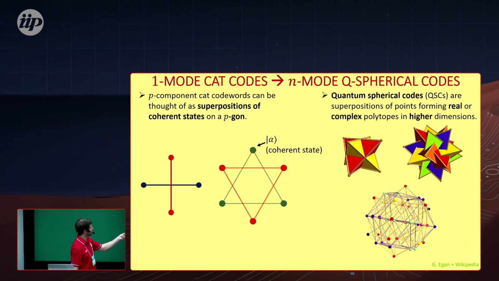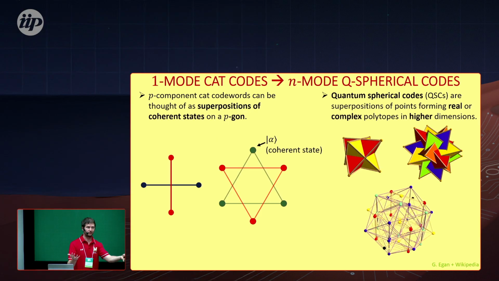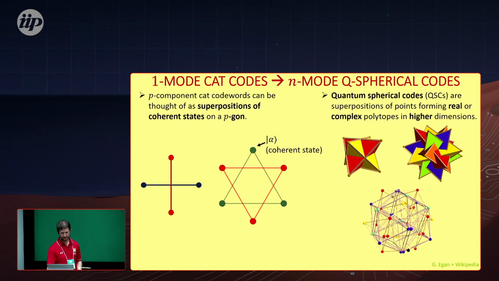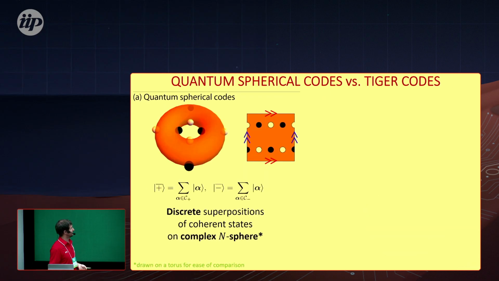Just like the alpha and the minus alpha were used for the cat code. So then in a nutshell, that's really how these spherical codes work. I'm gonna just put them here.